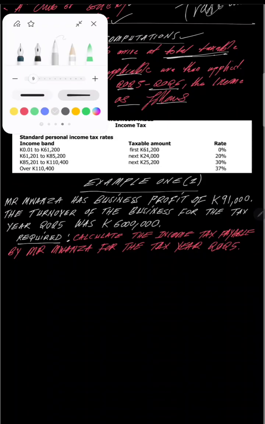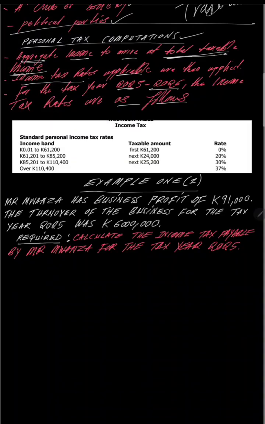These are the tax bands that we are going to be using for calculating personal income tax. So, standard personal income tax rates. These are bands. They are grouped in a range. Income tax is calculated based on these bands given here.